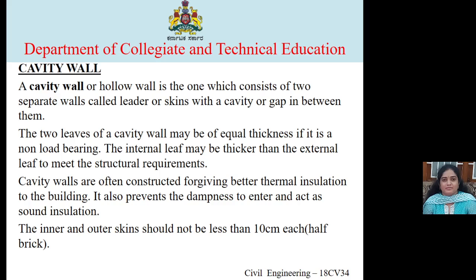The inner and outer skins should not be less than 10 centimeter each, that is half brick. The inner and outer skins are nothing but two different walls, so each should not be less than 10 centimeter or the thickness of a half brick.